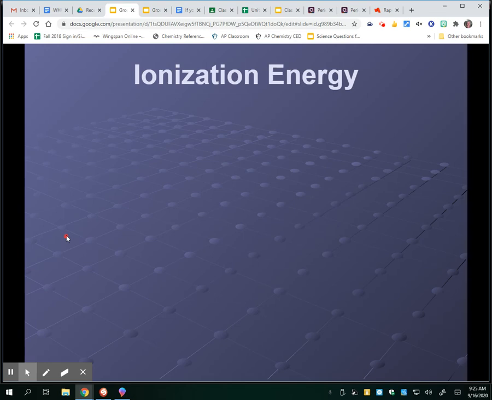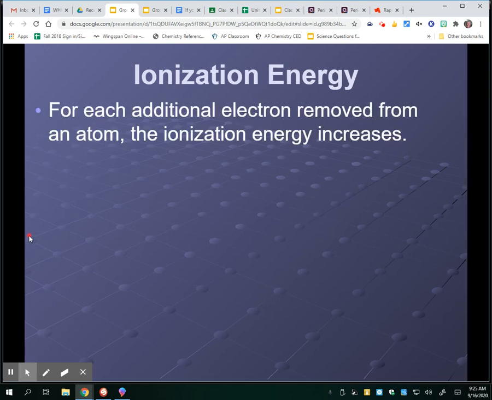All right. Now, dealing with ionization energy, if we try to remove more than one electron, for each additional electron that is going to be removed from an atom, the ionization energy always increases. The number of protons isn't going to change.